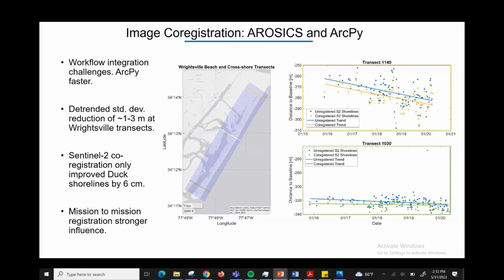So again, those mission-to-mission offsets, like I showed before, are probably a stronger influence. This is something that the broader community, I think, is trying to address as well. But right now, it seems like it's only a minor contribution in terms of error improvement.